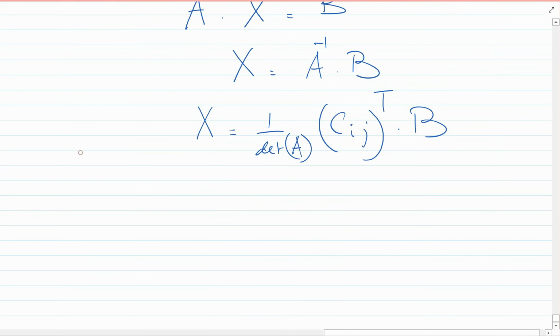So let's look at an example on a 3 by 3 matrix.